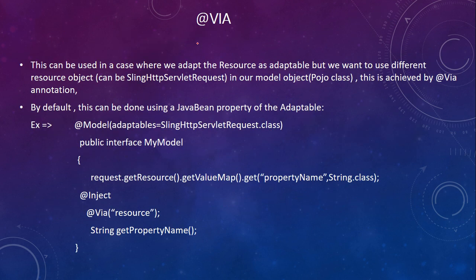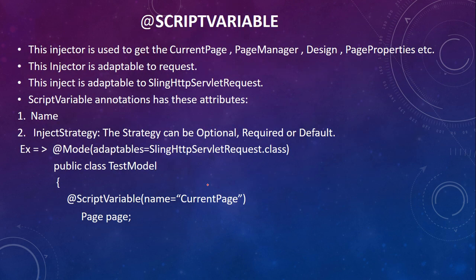Okay, now we'll discuss the via. Before the via, here we have a script variable. Initially we know that for converting a simple class into a Sling model, we have to use one annotation, that is @Model, and inside that we have one attribute, that is adaptables.